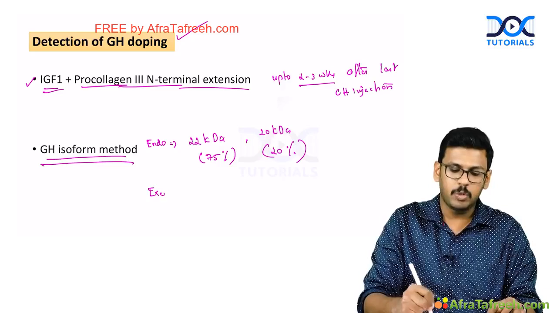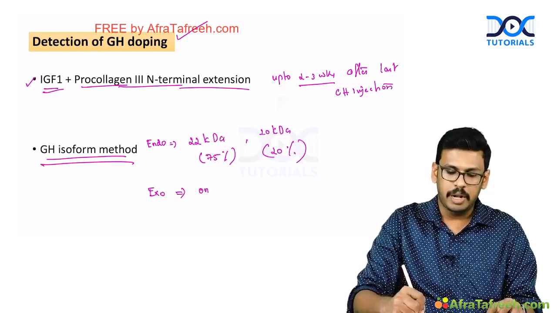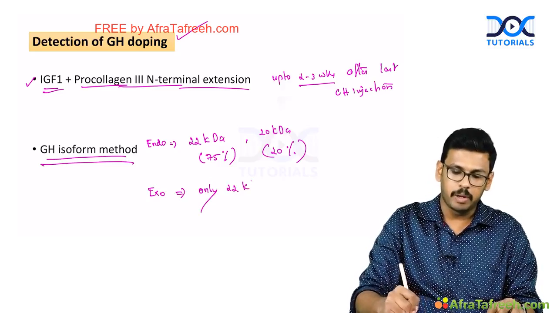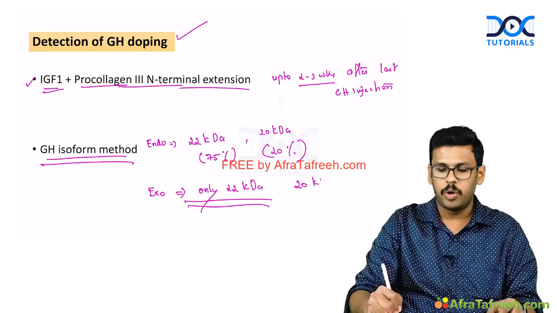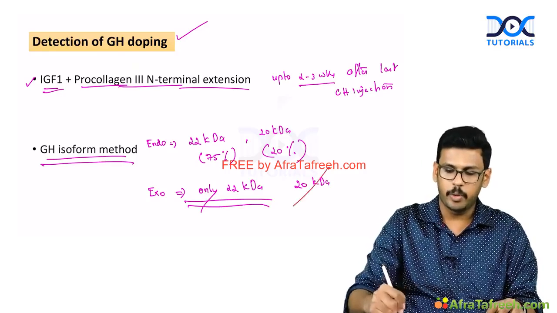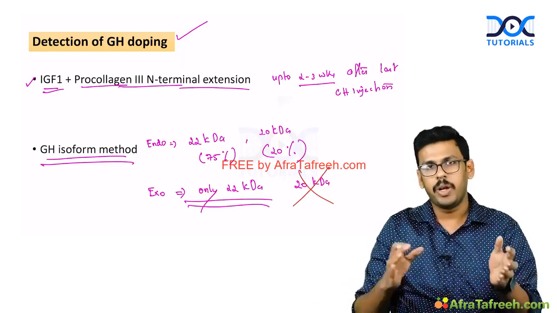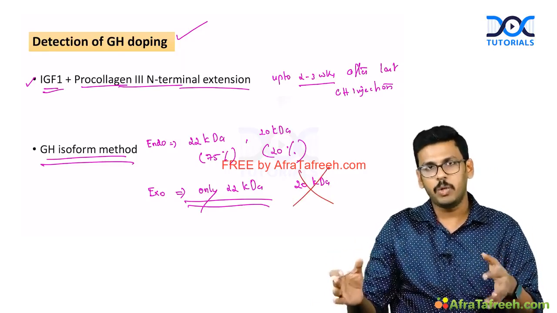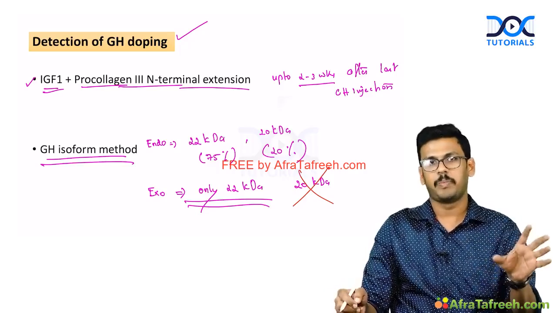When we are using exogenous GH, it contains only 22 kilodalton. Only 22 kilodalton is present and there is no 20 kilodalton. So you can look at the ratio of 22 to 20.